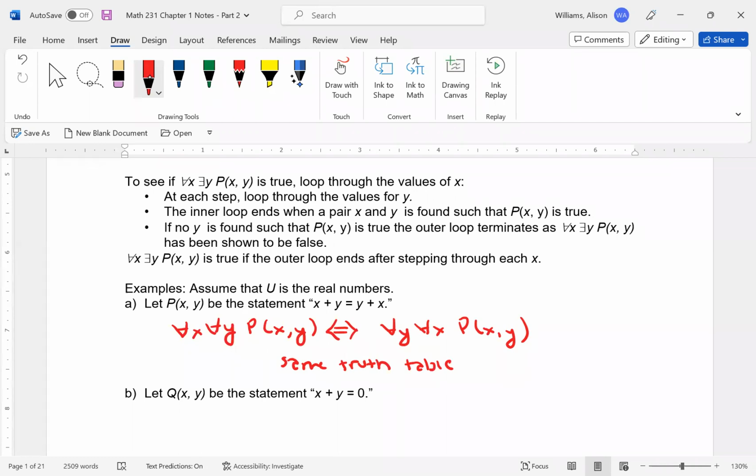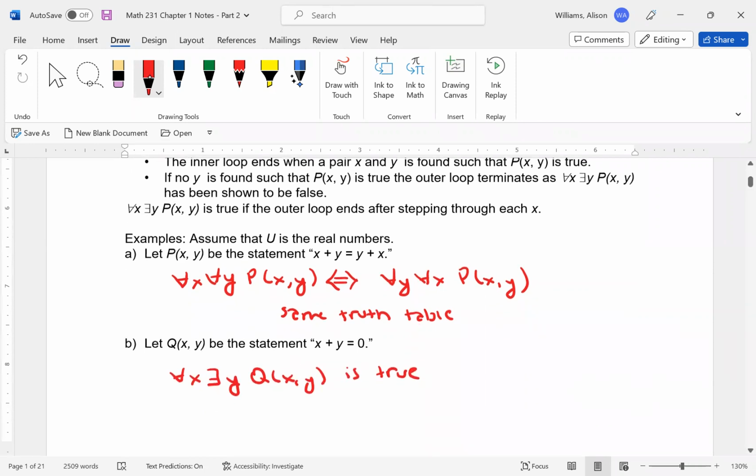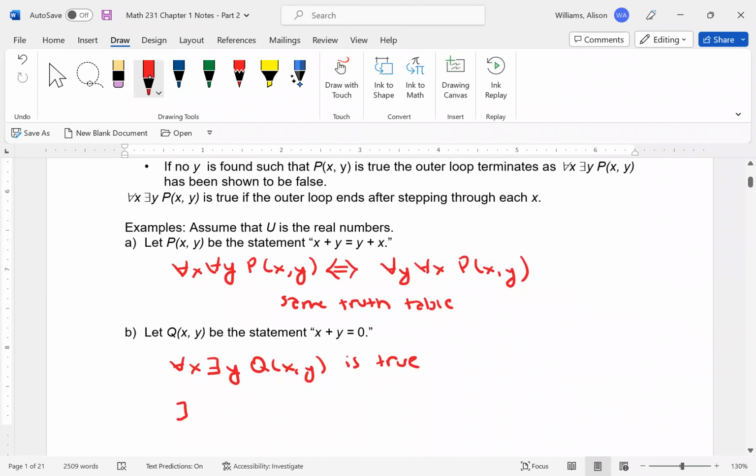Okay, so let Q of xy be the statement x plus y equals 0. Okay, so that means that for all x, there exists a y where Q of xy is true. Okay, that is what this statement says. But that would not be the same thing if we swapped the order.